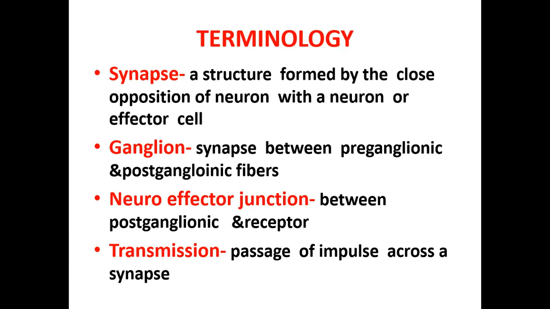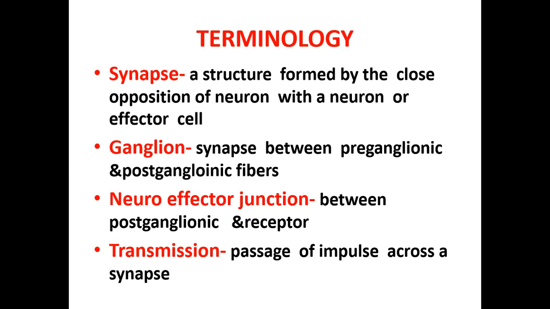Then what is a ganglion? A ganglion is nothing but a synapse between preganglionic and postganglionic fibers. What is a neuroeffector junction? It is the junction between the postganglionic fiber and the receptor.